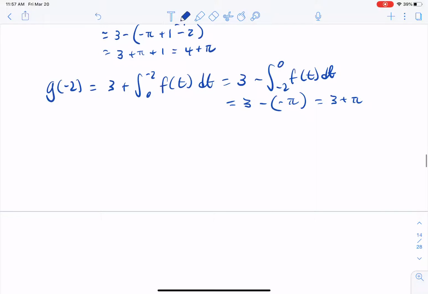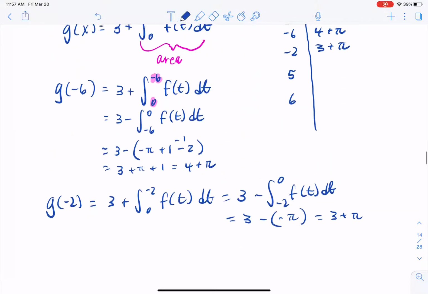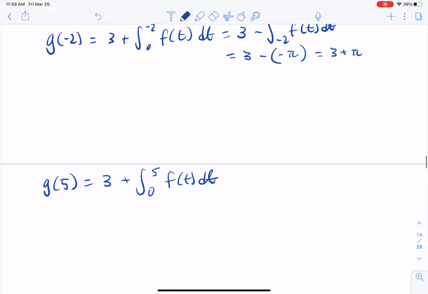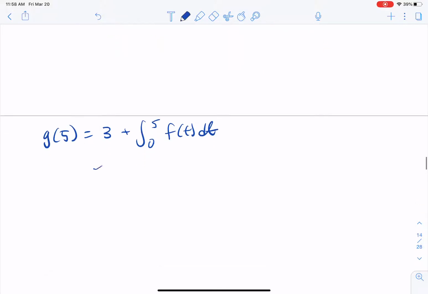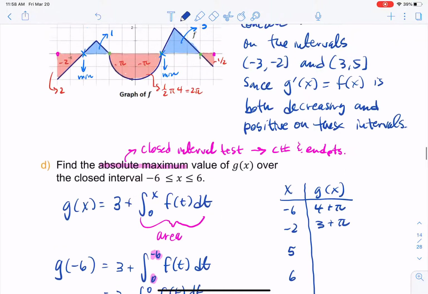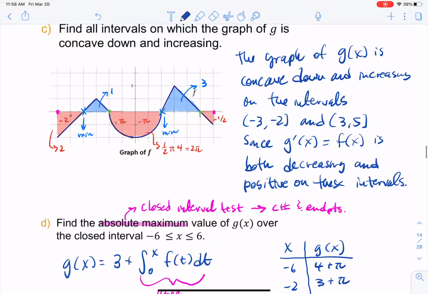All right, let's do g of, what do we got? 5. 3 plus the definite integral from 0 to 5 of f of t dt. Okay, so this one we don't have to compensate for because the limits are in the correct order, so we can just write 3 plus whatever the areas are with the signs that the graph actually has on it.